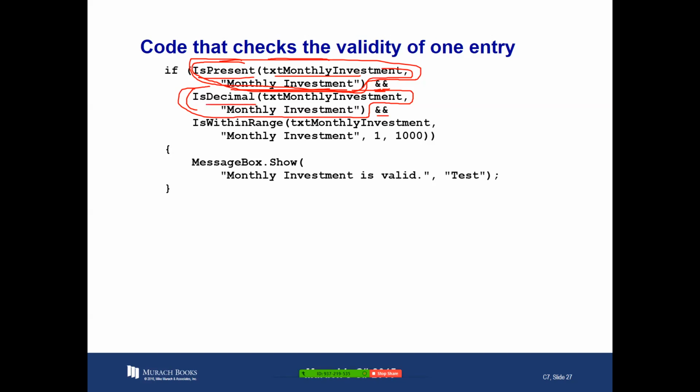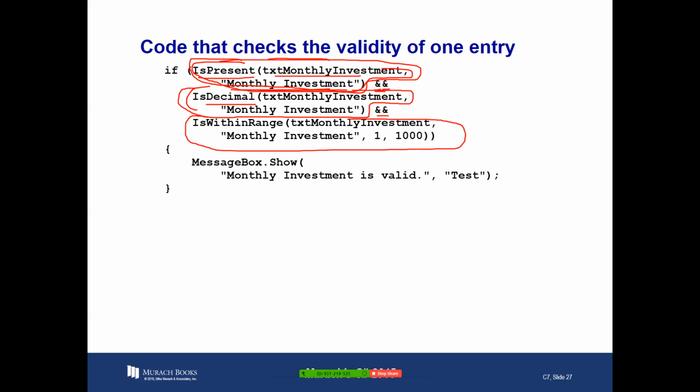And if the decimal value is true, then we still don't know enough yet, so we've got to test this last one, which tests to see if it's in range. So you can see that we're still honoring this hierarchy. First, we see if there's something typed in there. Then we see if it's an actual number. And then we see if the number is within range.